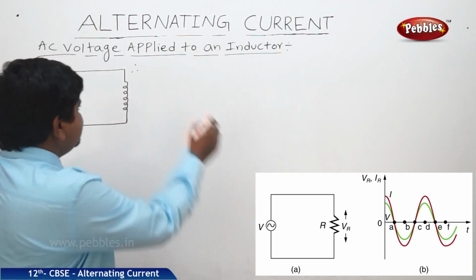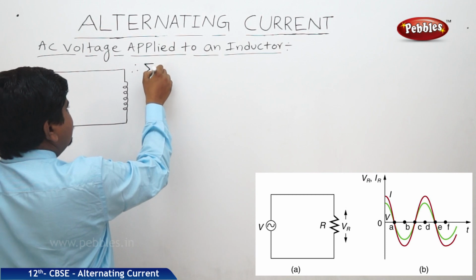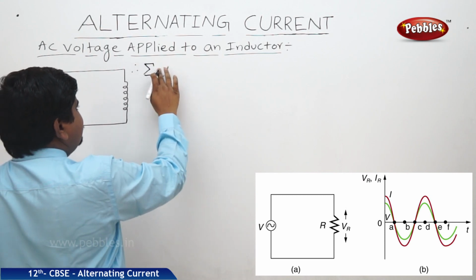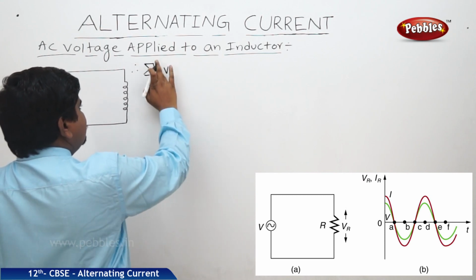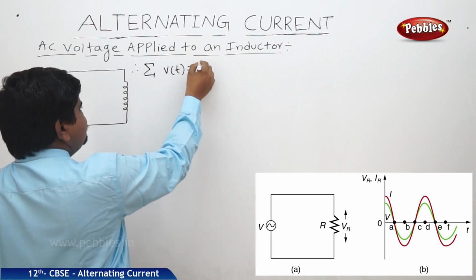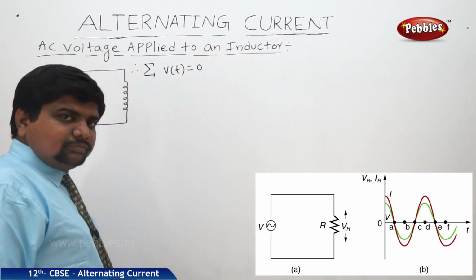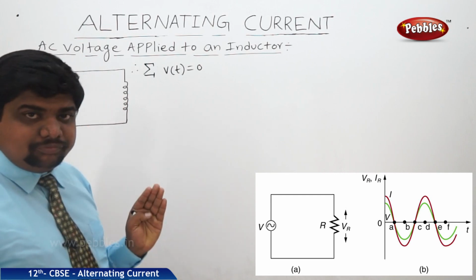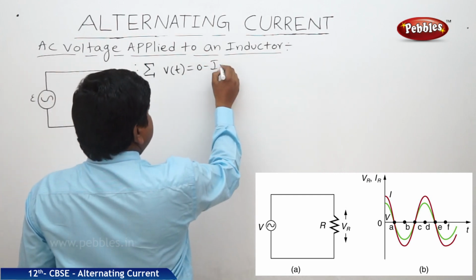So we can write sigma V with respect to time is 0 in a closed loop.